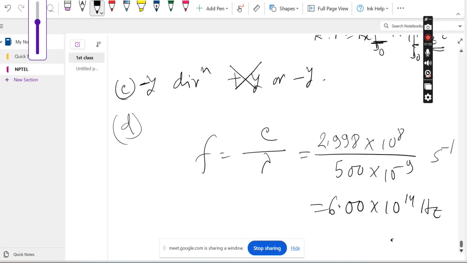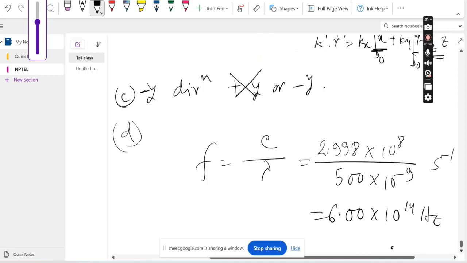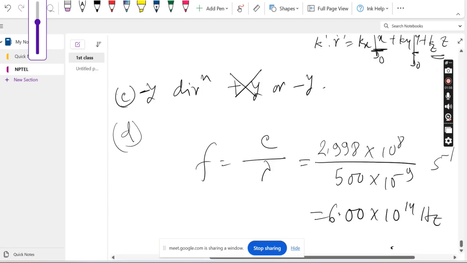So the actual theory has been discussed in the class by the professor, and I am giving you some examples, and with the help of these examples you can solve the 8 questions given in the assignment. So that is for today's class, and we'll discuss some other problems in the next class. Thank you.